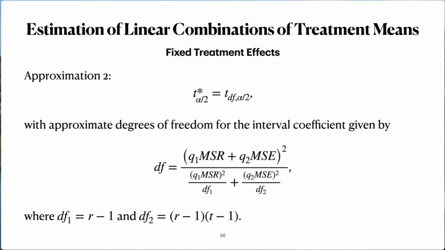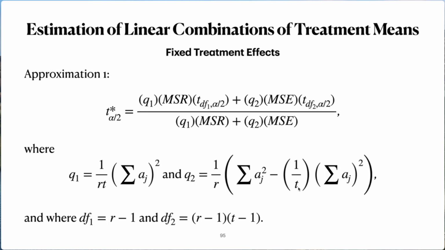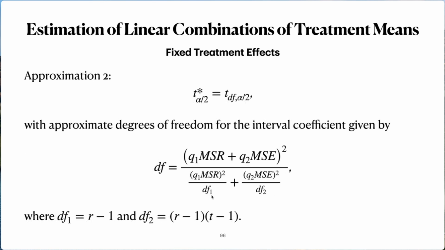The number of degrees of freedom associated with the true interval coefficient is unknown, but we approximate it using this expression here. This expression depends on the same quantities, they're just used differently. It does not involve the t-values, but it uses everything else. So we have the mean square for blocks, the mean square error, and q1 and q2 defined in the same way as on the previous slide. And df1 and df2 are defined in the same way as for the first approximation method.